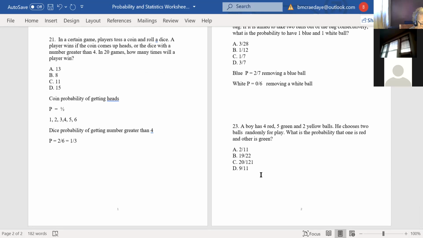Okay. Probability equals, that's for the red. If one is red and the other is green, so that would be 3 red left. Well, let's just say 4 over, let's see, 9, 11.